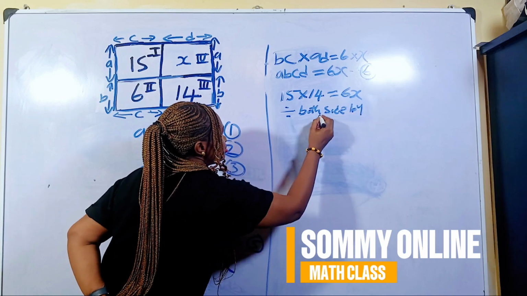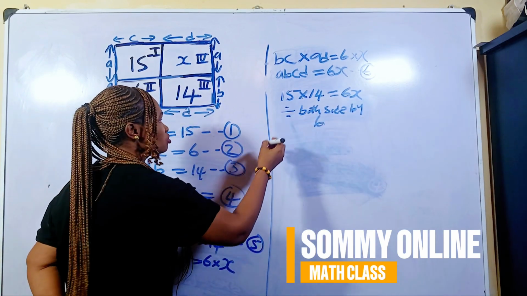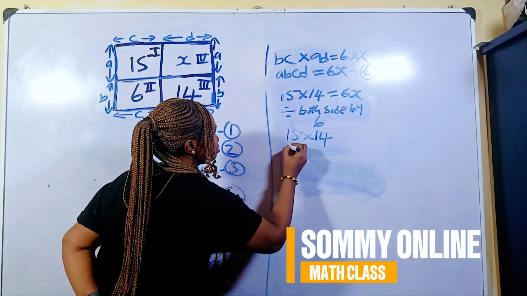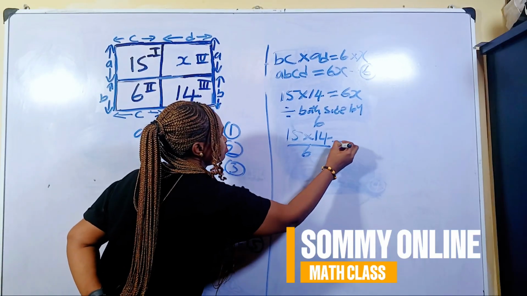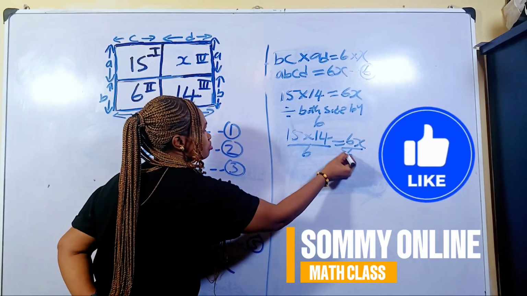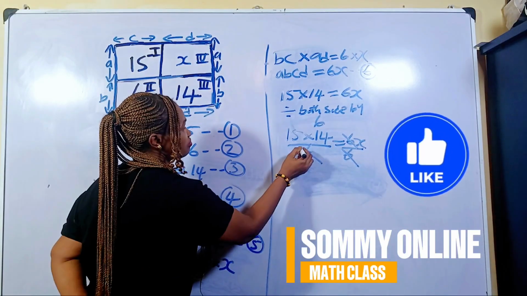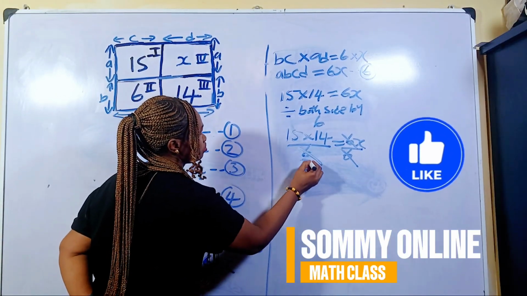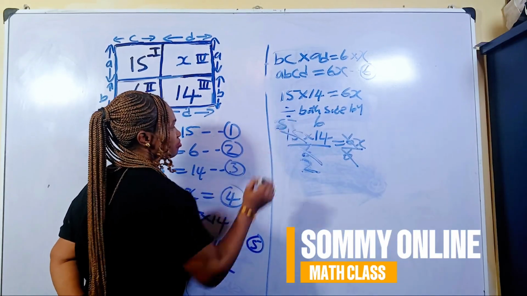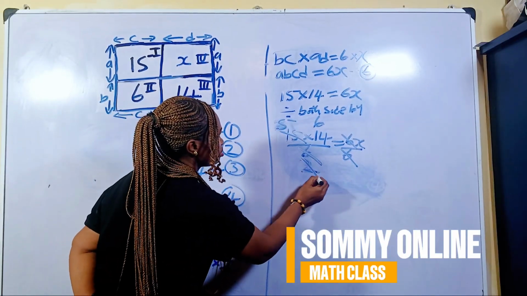by 6. We divide both sides by 6, we now have 15 multiplied by 14 divided by 6 equals 6S divided by 6. We cancel out. If 3 goes into 6, we have 2. If 3 goes into 15, we have 5. When 2 goes into itself, we have 1.